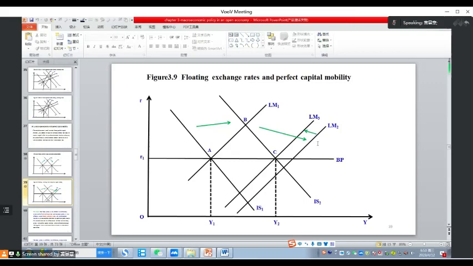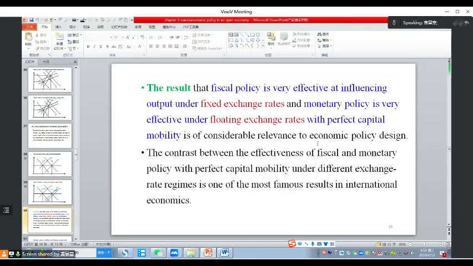And it gives us the result that fiscal policy is very effective at influencing output under the fixed exchange rate, and monetary policy is very effective under the floating exchange rate with perfect capital mobility.